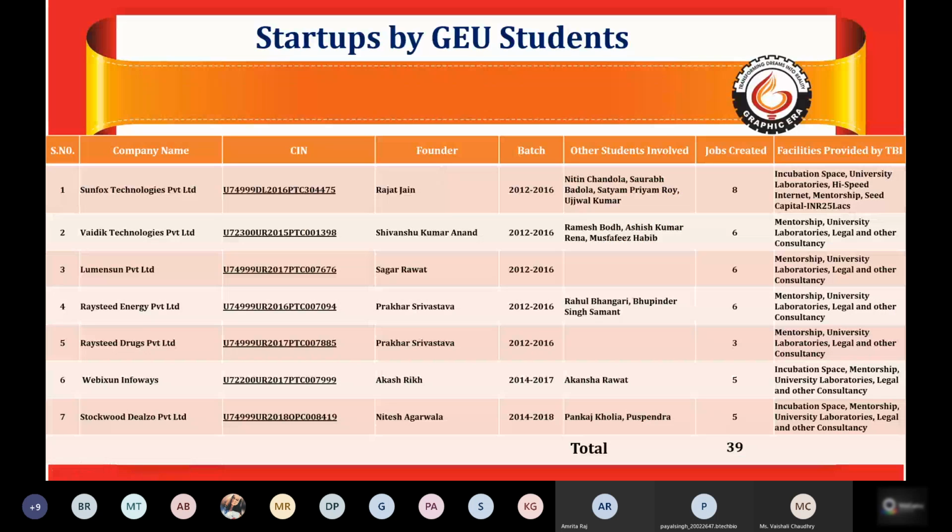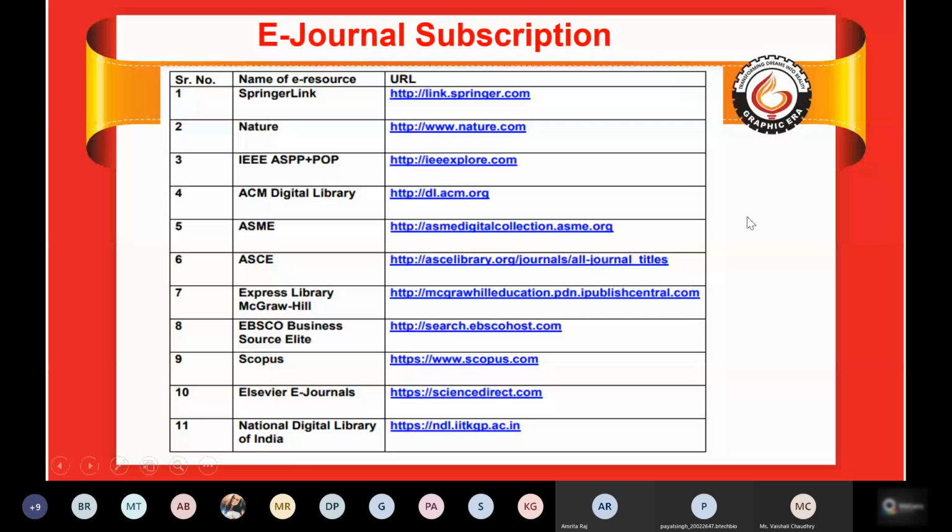You will get acquainted with all this maybe in the next lecture by Dr. DP Singh, right? This is just an idea. Okay, I can do some kind of startup, and this TBI is one of the platforms where I can leverage my skills. Okay, this slide is showing the different e-journal subscriptions available in our university.